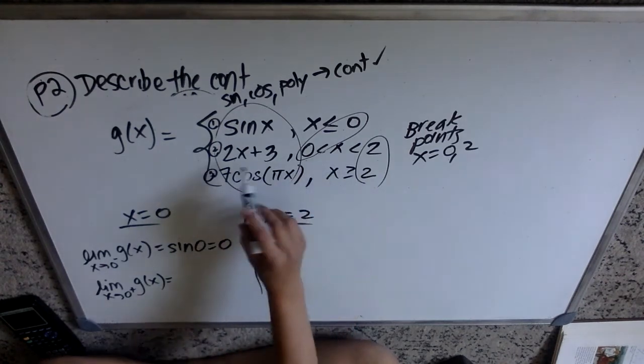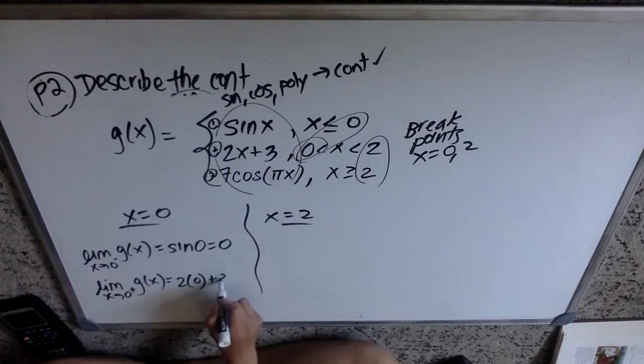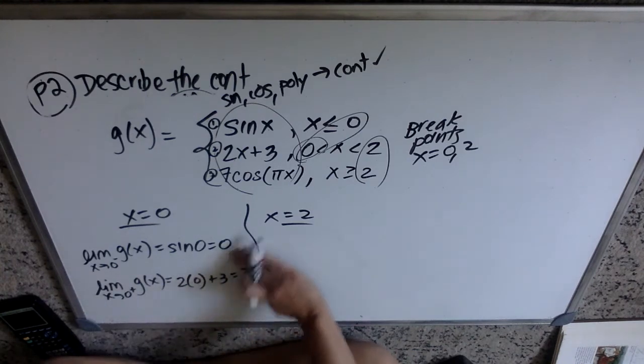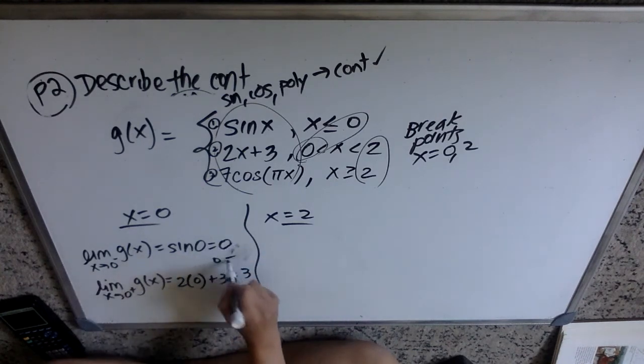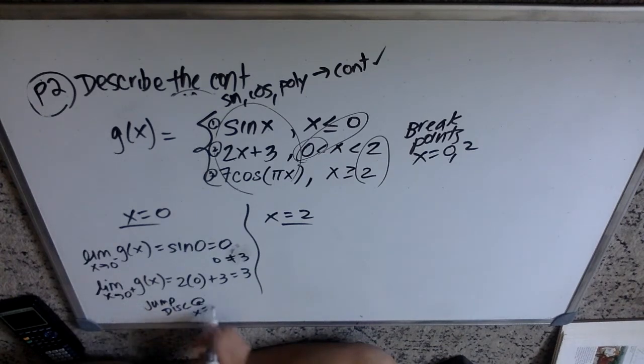So when I check 0 on the other side, I'm going to get 2 times 0 plus 3, which is 3. Well, since 0 is not equal to 3, we have a jump discontinuity at x equals 0.